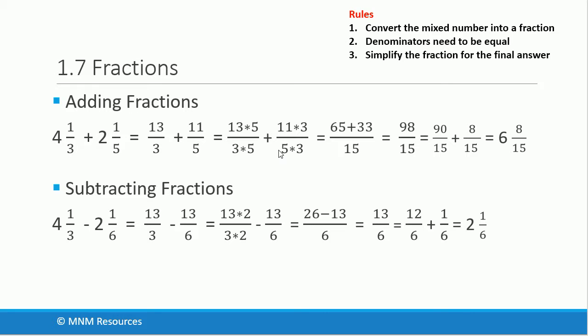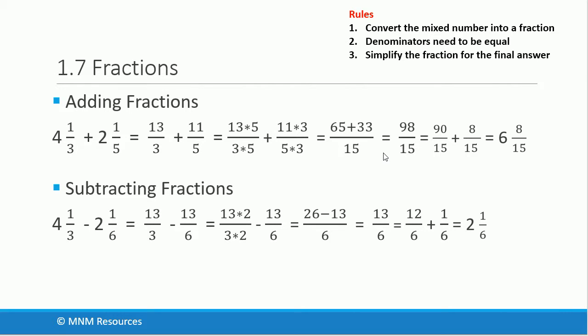So 3. So 5 times 3 again gives you 15 and 11 times 3 gives you 33. So now you have the same value for the denominator, which is 15. And you can easily add 65 and 33 to give you 98 over 15. So the denominators were equal, so we were able to complete the addition.